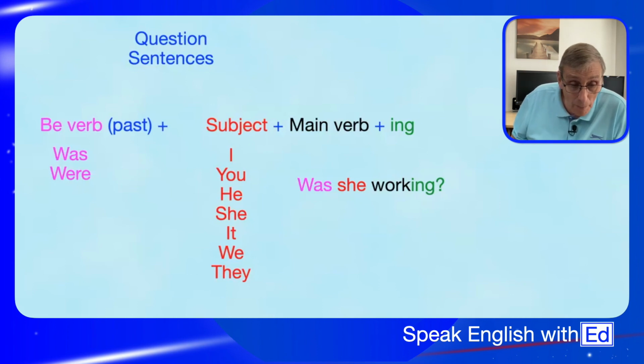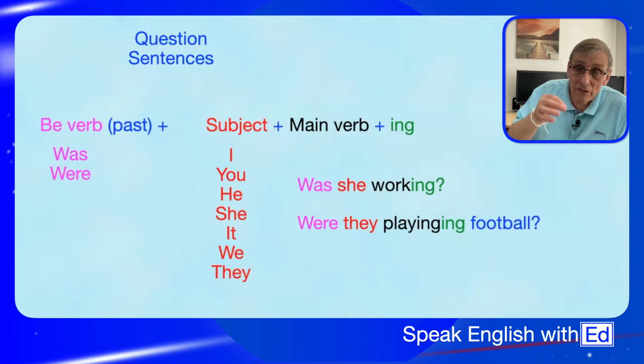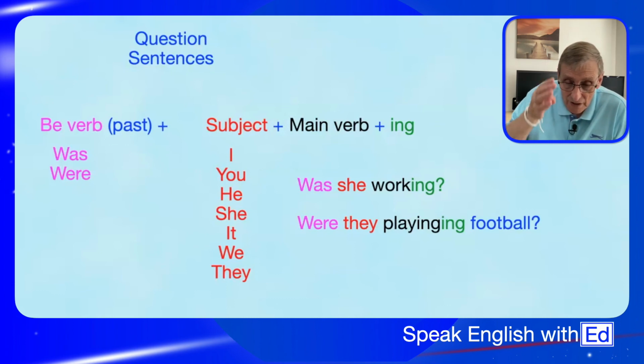So the next one is, were they playing football? Were they playing football? You're asking a question. Were they? Correct subject and be verb, and you've got a question mark at the end. But you've just changed them round, so you've got be verb, subject, main verb, and then the rest of the sentence ending in a question mark.